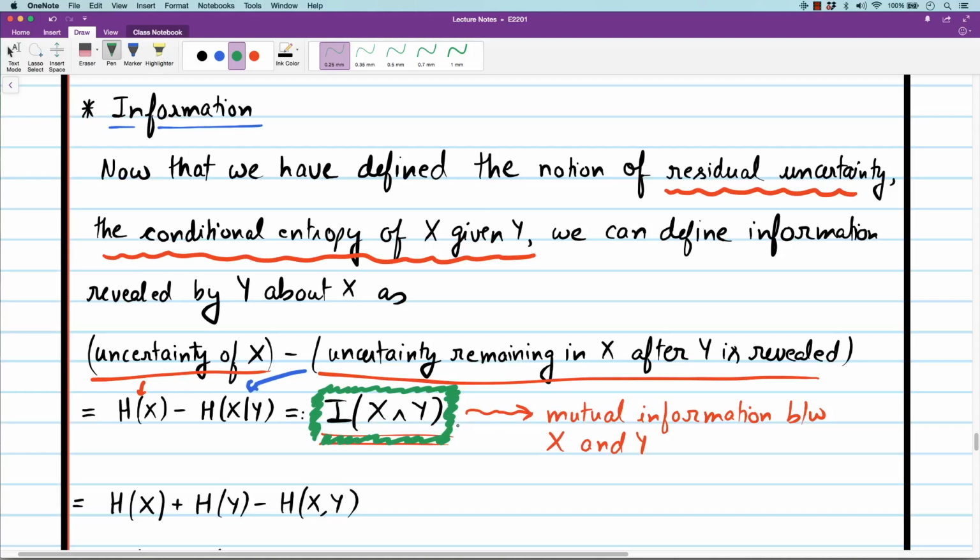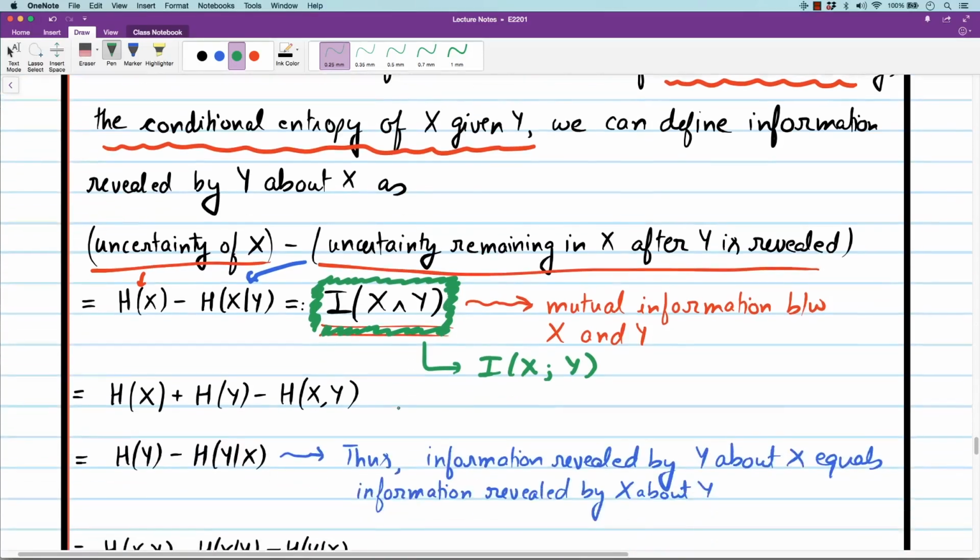This is the notation: I for mutual information, I for information, bracket x wedge y. I use this wedge notation. Another popular notation for the same quantity is this; the Cover-Thomas book uses it. This semicolon one is perhaps more popular, but I use this wedge notation, and I'll explain why. This notation is from the Csiszár-Körner textbook.